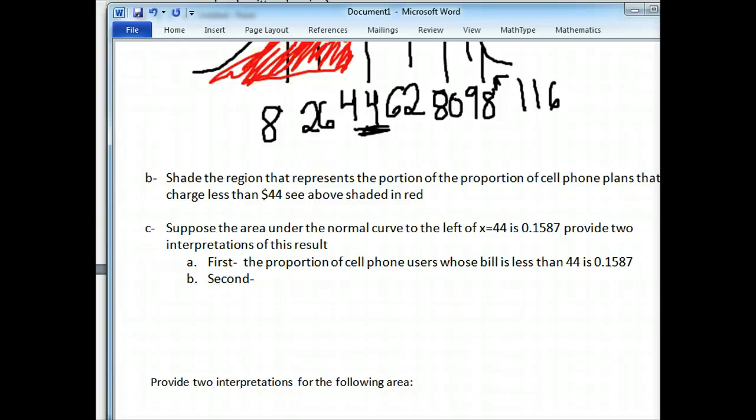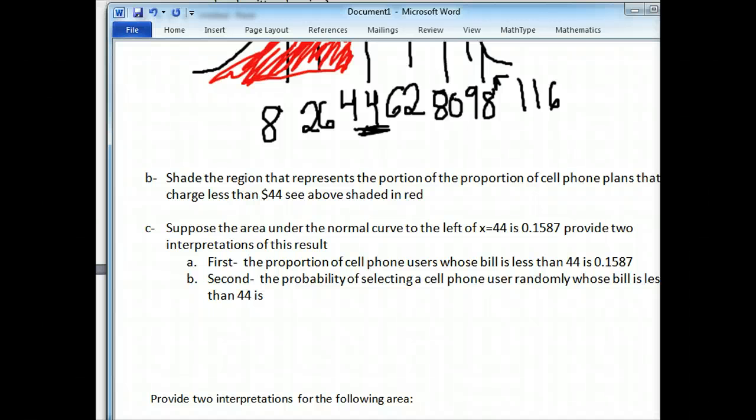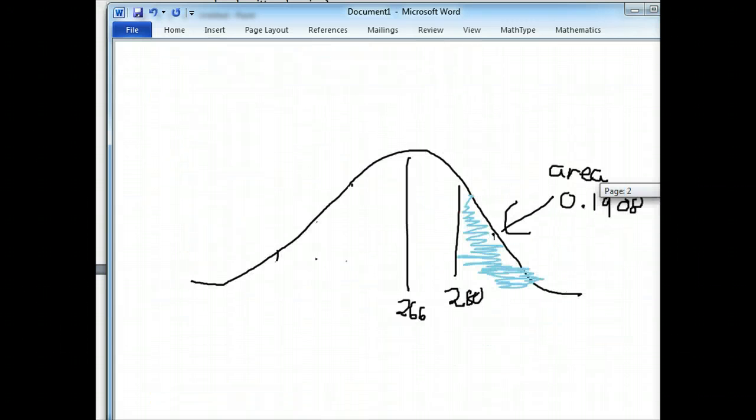The area represents the proportion or the probability of selecting a cell phone user randomly whose bill is less than $44 is 0.1587. So the areas have two interpretations. The proportion 0.1587, or 15.87%, have a cell phone bill less than 44, and it's also the probability of randomly selecting them.